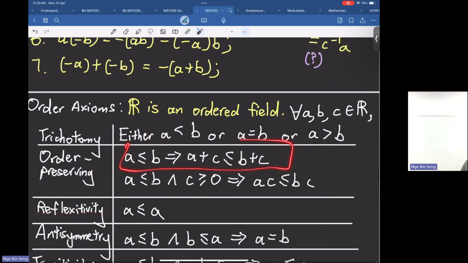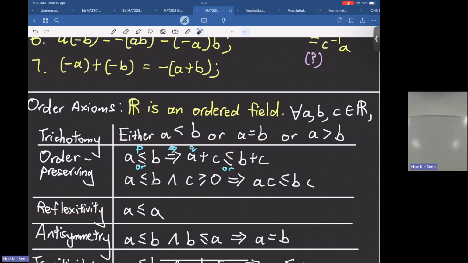Okay, so you see this statement, right? Here is P implies Q. Inside P, there's an or here. Inside Q, there's an or here. So it doesn't say that if this is strictly less than, then this follows strictly less than. It's not like that, because this is exactly the false proof we did last time.